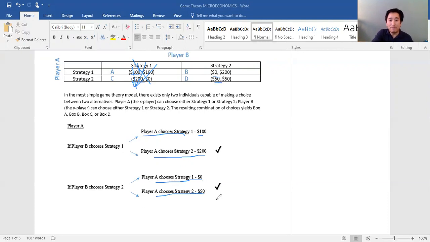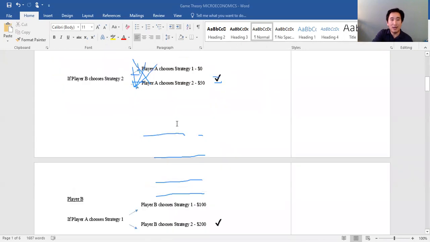So again, player A choosing strategy 2 is the better of the two options. This is referred to as dominant strategy, right? Now, if you take a look at player B, it's going to be the exact same situation because the numbers are exactly the same. So we're going to move straight on to another example using a different scenario here.